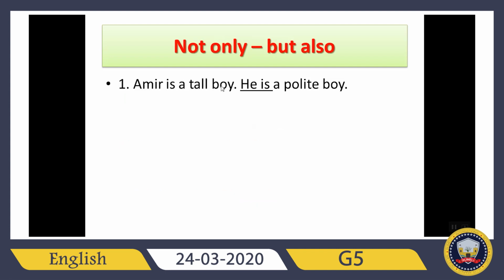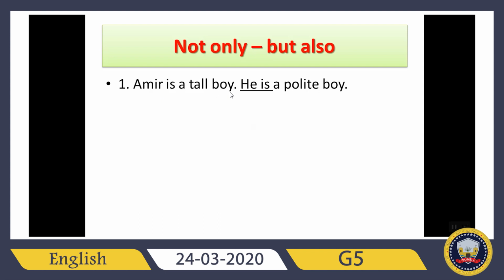Now, not only but also. Here we have two ways to do this task, but I choose the easy one. So: Amir is a tall boy, he's a polite boy.